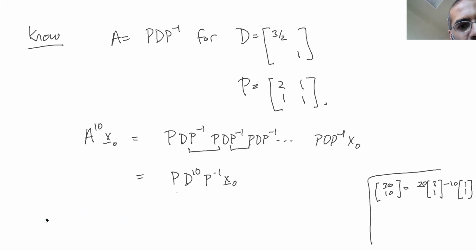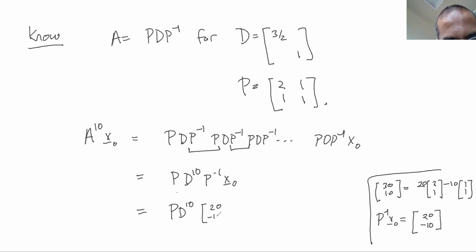Okay, and now I'm happy, right? Because that means that P inverse x naught is this vector 20, minus 10. So that means this is equal to P D to the 10 times the vector 20, minus 10, which I can easily compute.